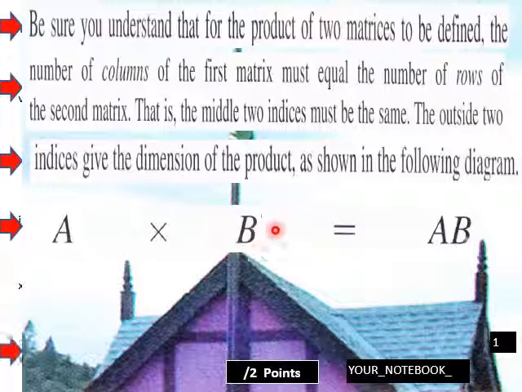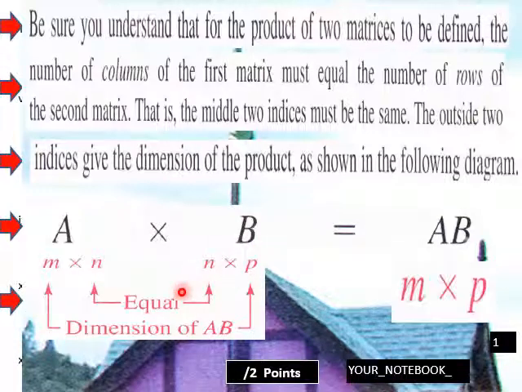So which types of matrices can we multiply here? M would be rows of A, and then P would be columns of B, and then N here would be columns.